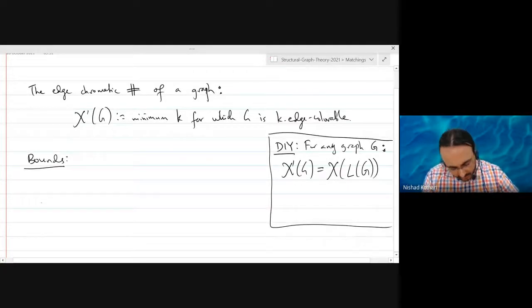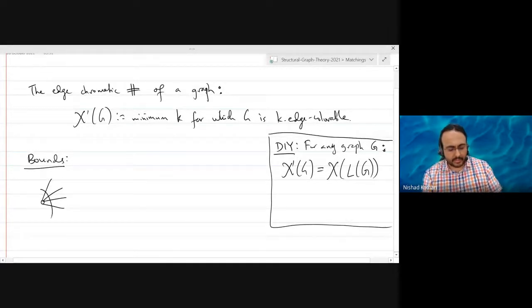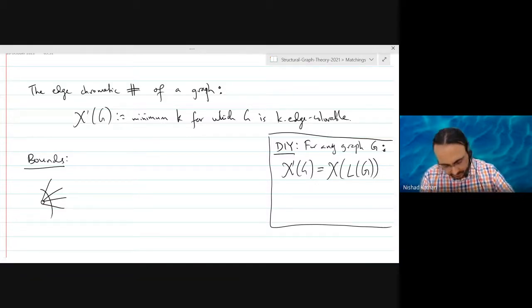So clearly, if you have a vertex of degree d, then you will need at least d colors at this vertex, right? Because each edge must get a different color. And so you can choose the vertex of maximum degree, and you get an immediate lower bound that the edge chromatic number is at least the degree of the graph.